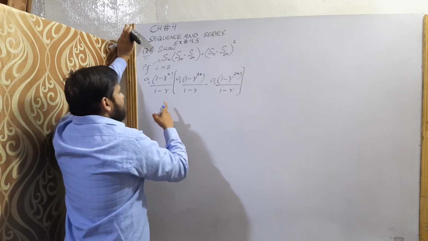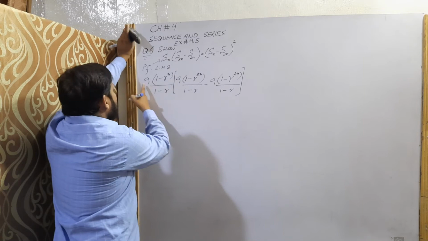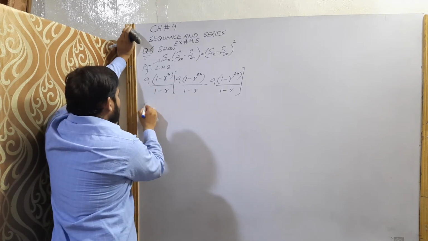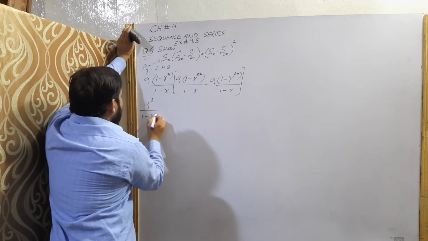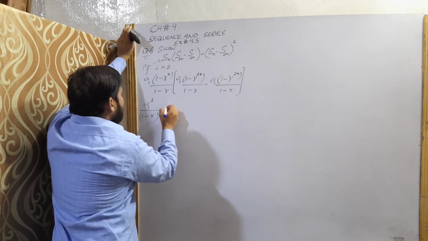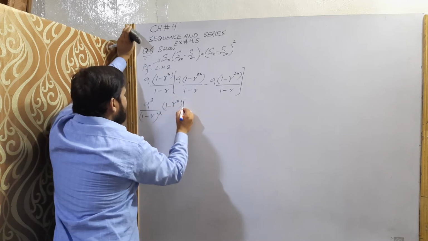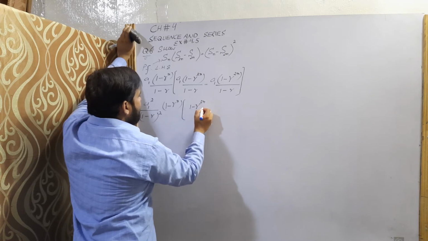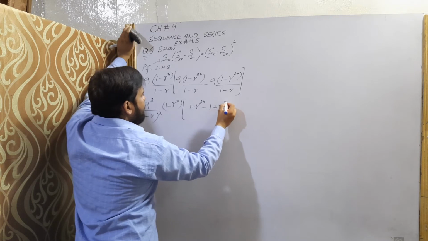In this case a1 is common and 1 minus r is common. So there is a1 square, and 1 minus r square. This can be written as a1 square divided by (1 minus r) whole square, times (1 minus r raised to power n) times (1 minus r raised to power 3n minus 1 plus r raised to power 2n).